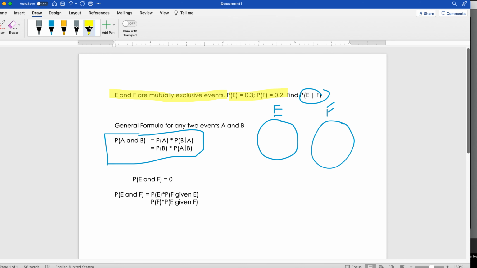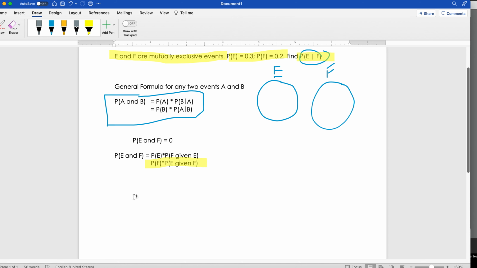Now, because what we're trying to find is the probability of E given F, I'm going to use this formula here. So I narrowed it down to which one I'm going to use.